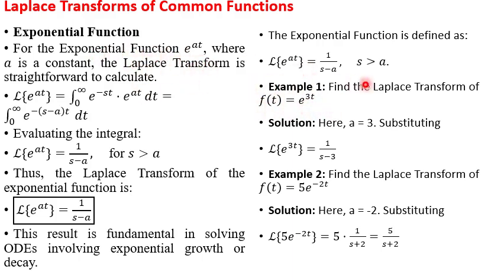So we basically use the general rule, the general form or solution, to determine the Laplace transform of an exponential function in solving this problem. Now, as a has been identified to be equal to 3, we just substitute 3 for a in the general solution.